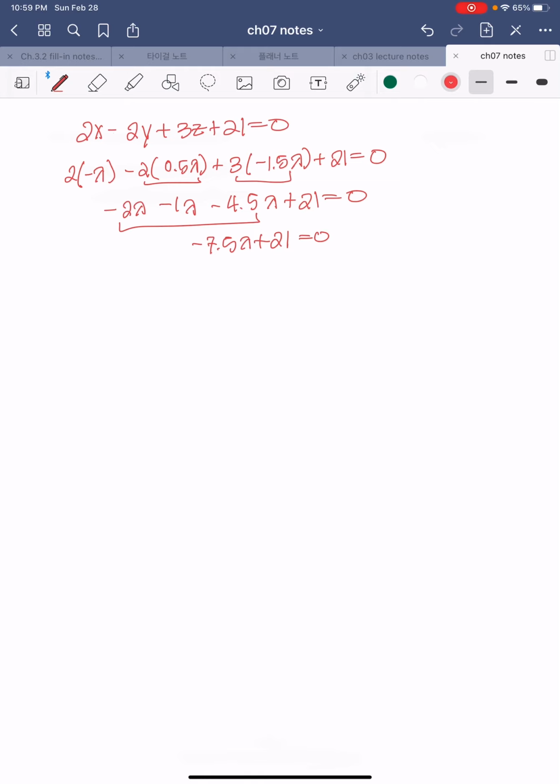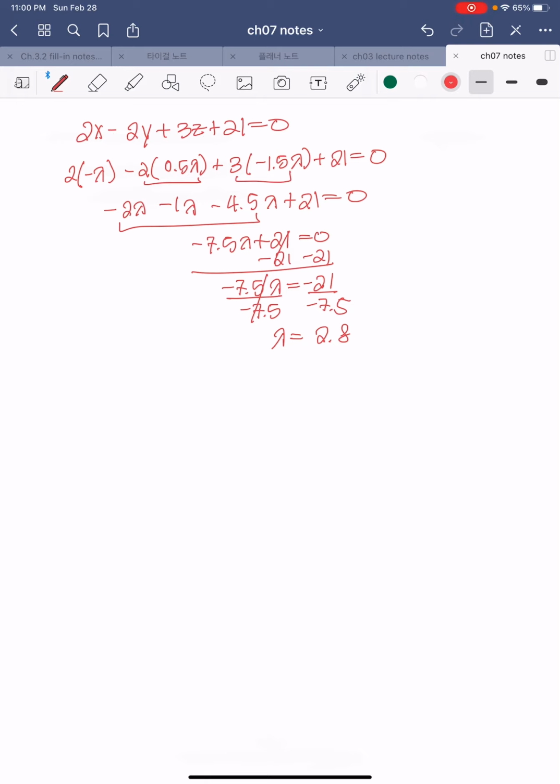Let's keep going to solve for lambda. Minus 21, negative 7.5 lambda equals negative 21, divided by negative 7.5. I'm getting a decimal, negative 21 divided by negative 7.5 is 2.8.